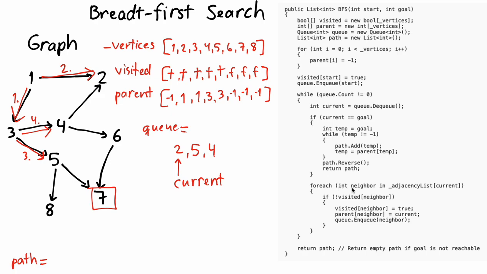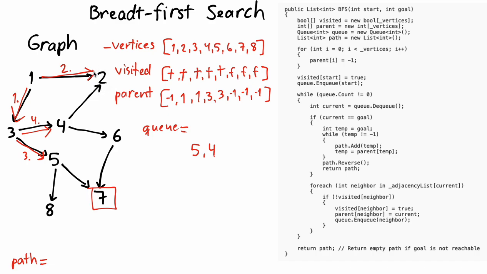Next we are looking at all neighbors from number 2, but we don't have any edges from number 2, so it does nothing, and we have done this while loop, and we can remove that 2 from that GUI.